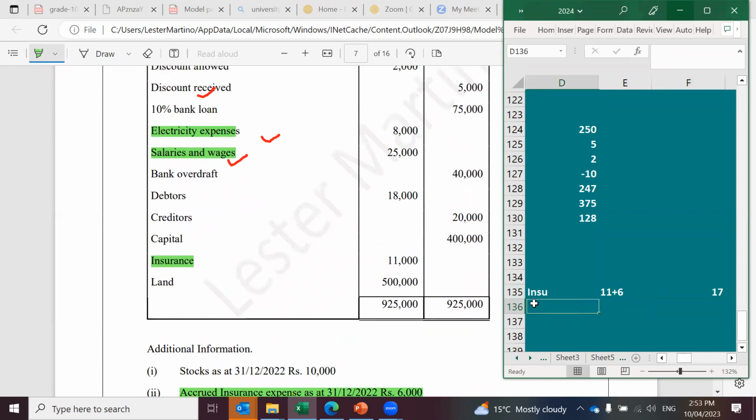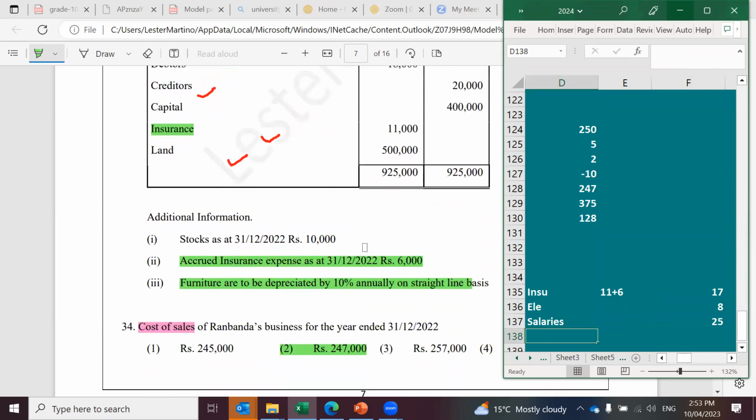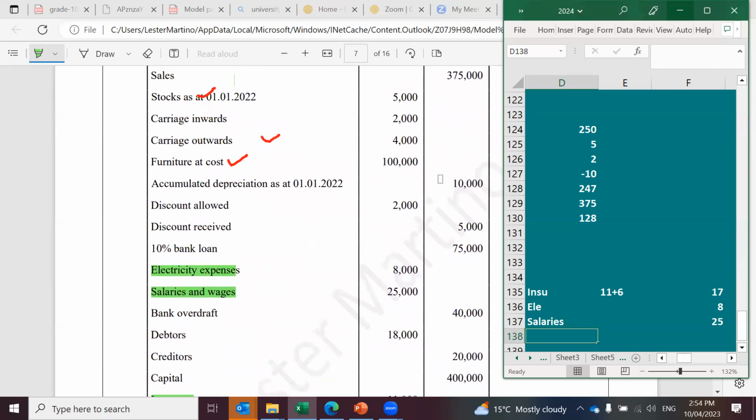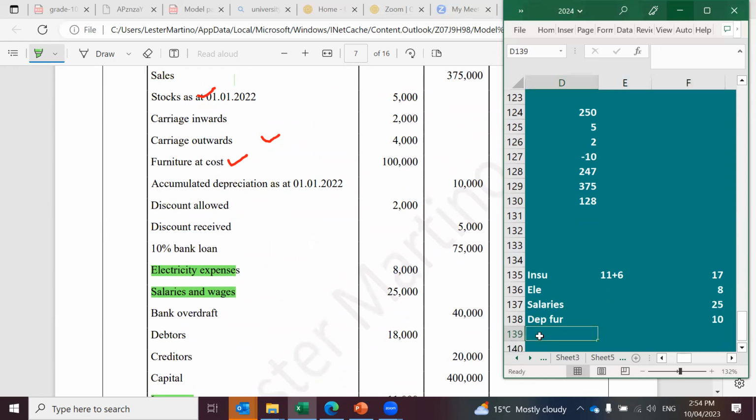Electricity 8. Salaries 25. And the depreciation. Depreciation is 10% on furniture. Furniture is 100, 10% of that is 10. Depreciation on furniture 10.